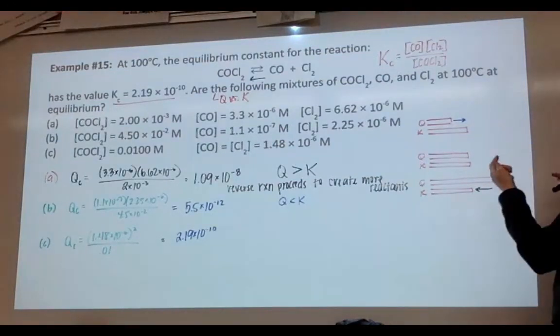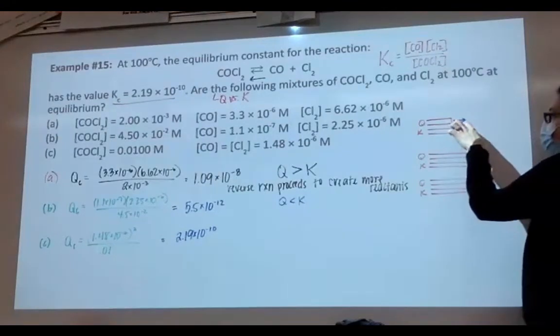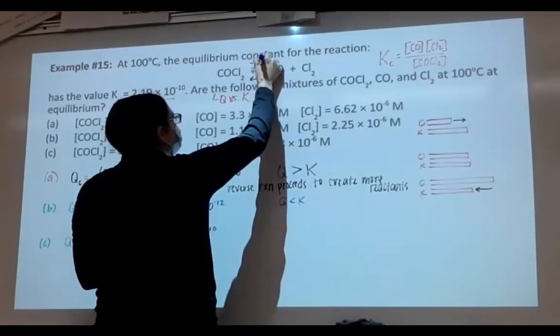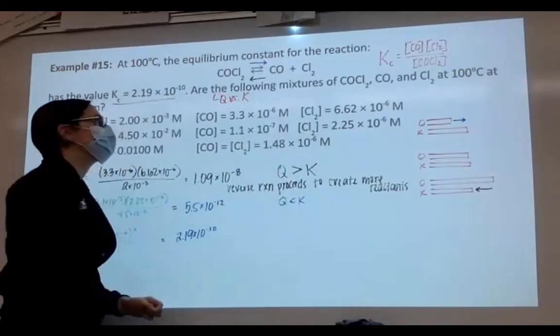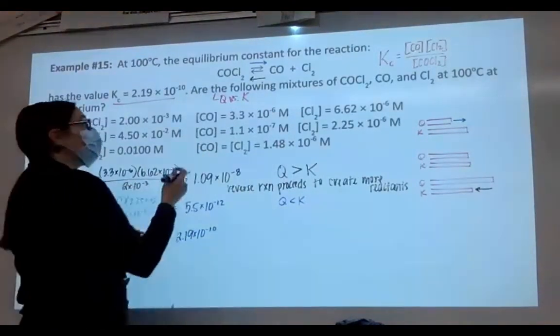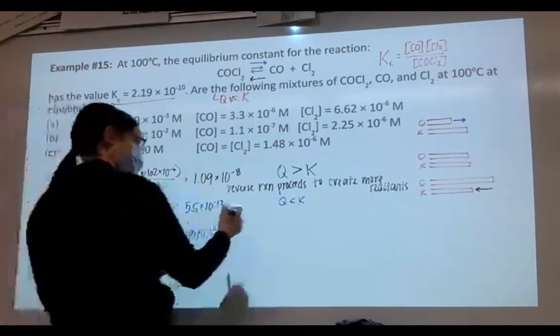Well, to increase Q, this is why I like these diagrams so much. This is showing the arrow of the reaction that's going to proceed. Reactants will proceed to produce products. So if reactants are forming more products, that's the forward reaction.